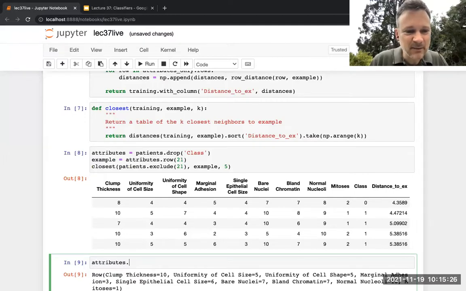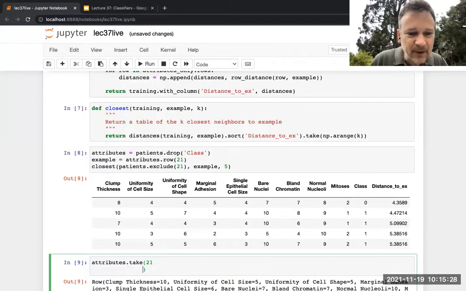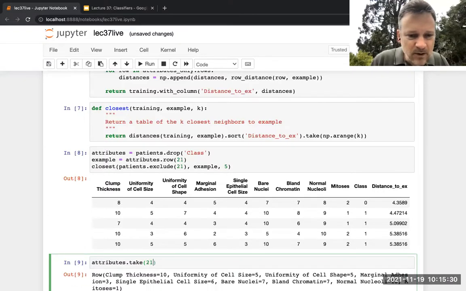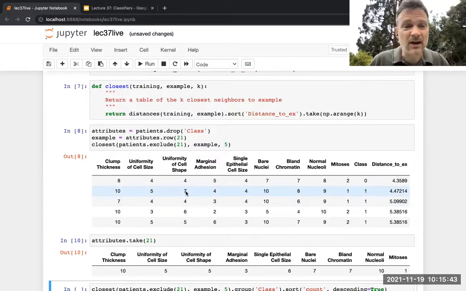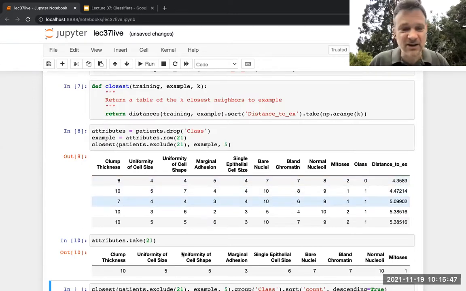Then I said, well, let's suppose the training set was everything other than this one patient. Then we found the 5 nearest neighbors to this patient in that training set. And here they were, and here's the distances to each of those.